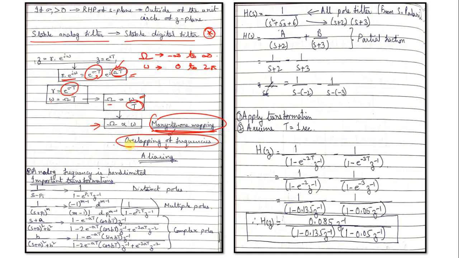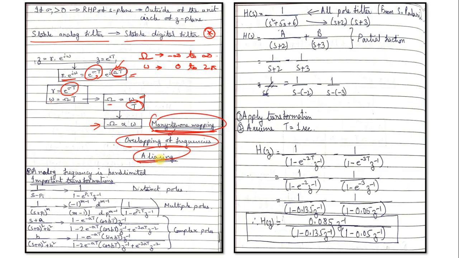Now, when there is overlapping of the frequency components, what did we discuss? We discussed that it is nothing but aliasing. So one of the major problems with digital filters designed using the impulse invariance method is aliasing.